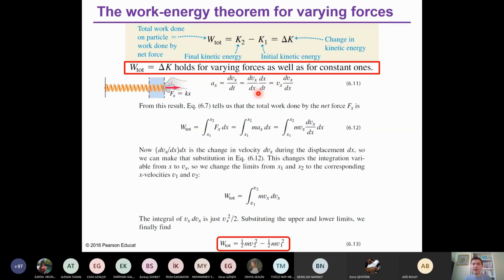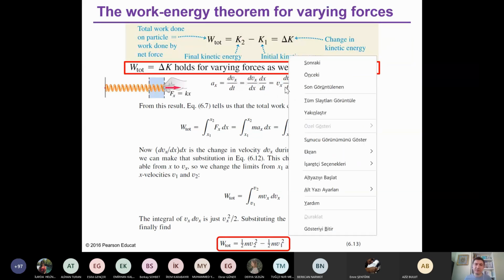So then here I have the x derivative of vx, and here we have dx over dt, the time derivative of x. This will give us the velocity vx, and here we have dvx over dx. So now I have a term for the acceleration.